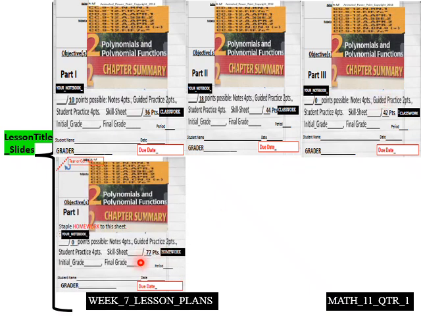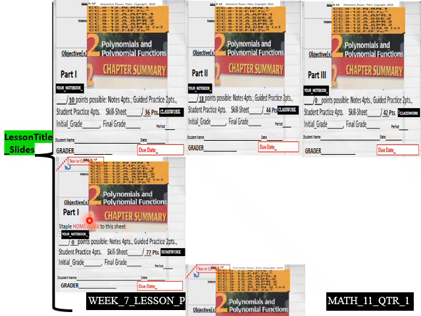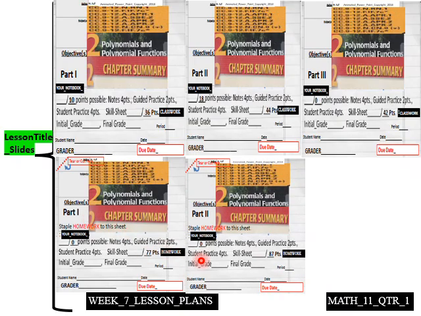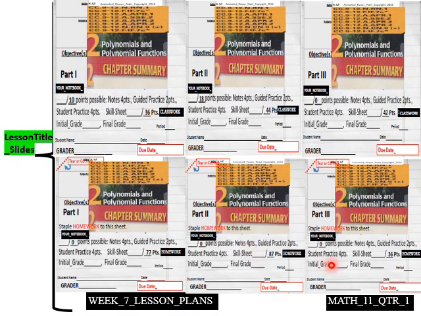And then we go into homework for the Part 1 summary. Chapter 2 summary, there is homework, 77 points for Part 1, and we have 87 points for Part 2, Chapter 2 summary homework, and then Part 3, Chapter 2 summary homework is 36 points.